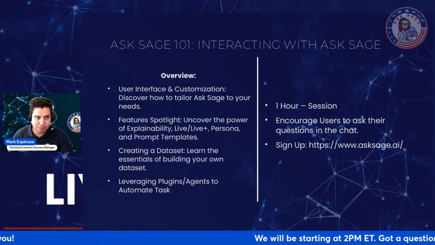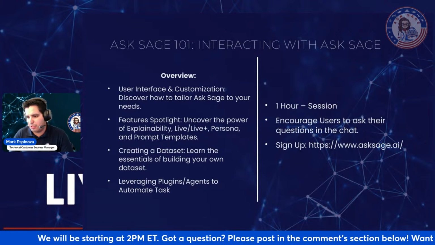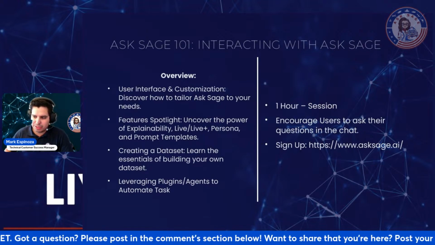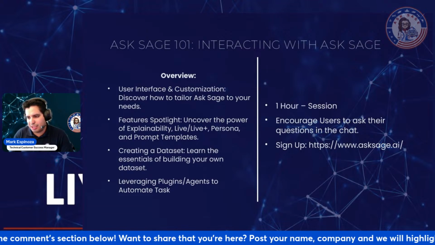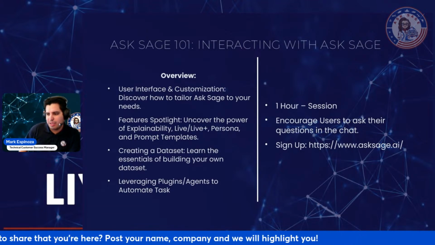We'll uncover the explainability feature using our live function, defining a persona, setting up a prompt template and seeing that we already have a lot of prompt templates set up for users to use, creating a data set, and then highlighting different plugins and agents we have on the platform.